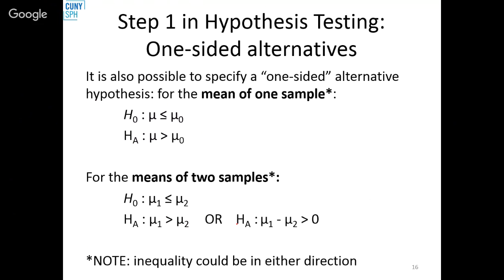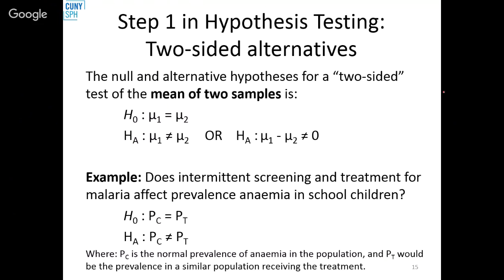Because if your two-sided null hypothesis is true, then you will actually observe values above and below for the test statistic in your sample.